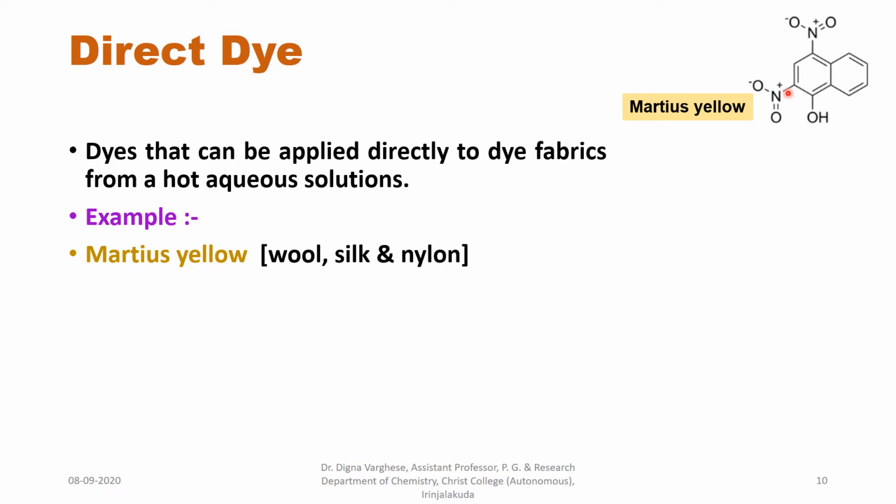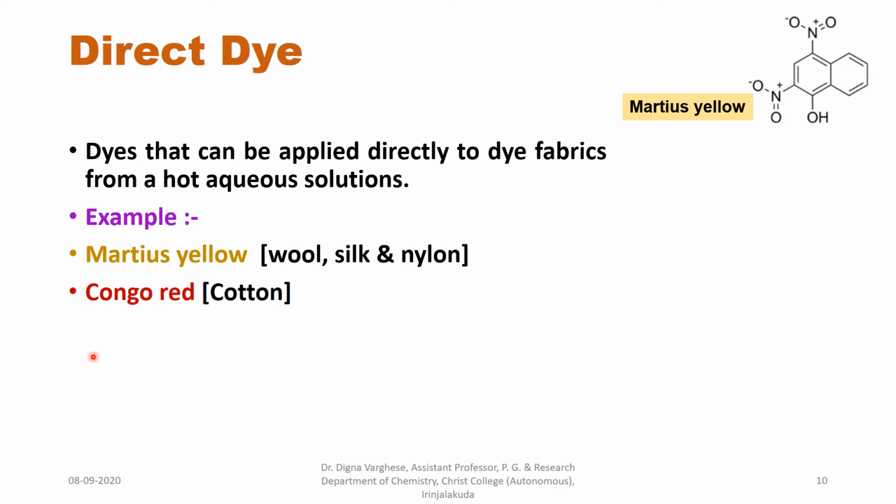It can be applied to the fabric in a direct way, because when the fabric is kept in the hot aqueous solution, we can add the dye directly to this solution. It will be fixed on the fabric. It can be applied to wool, silk and nylon.